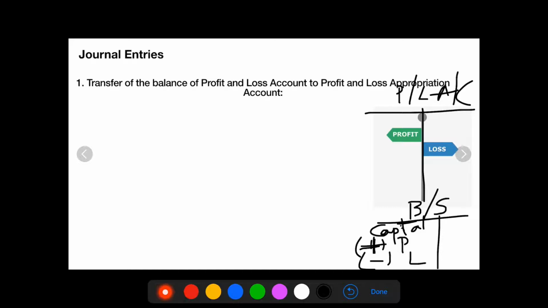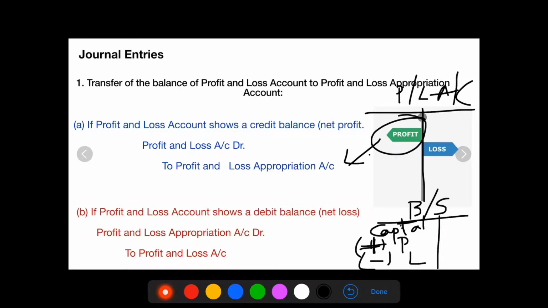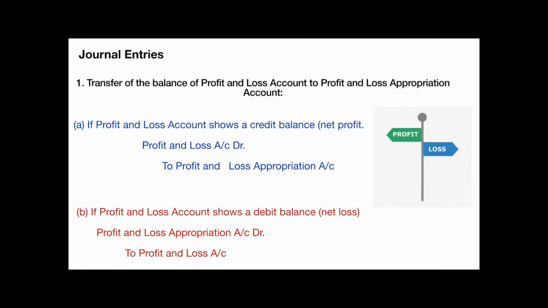First point, transfer of balance of profit and loss account to profit and loss appropriation account. A. Suppose there is a profit, then we will have to pass this journal entry: Profit and loss account debit to profit and loss appropriation account. Suppose if there is a net loss, then profit and loss appropriation account debit to profit and loss account.